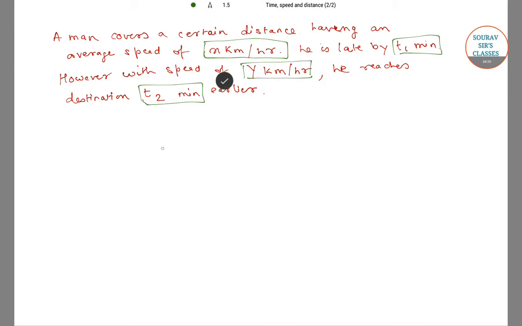Then the distance that the man covers is given by the formula x into y divided by x minus y into t1 minus t2 kilometer.